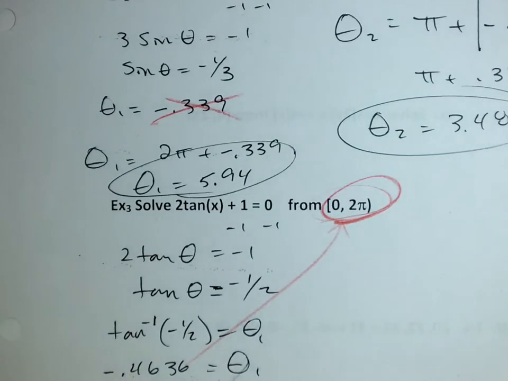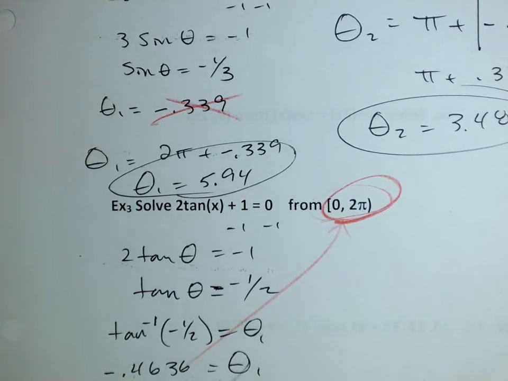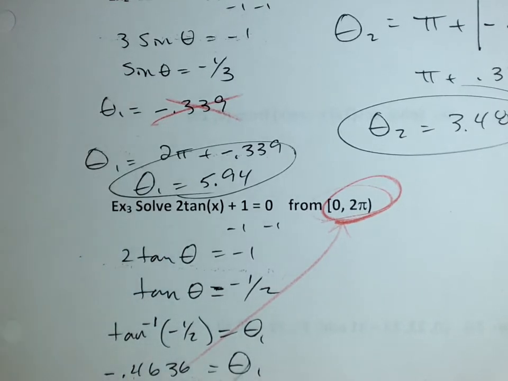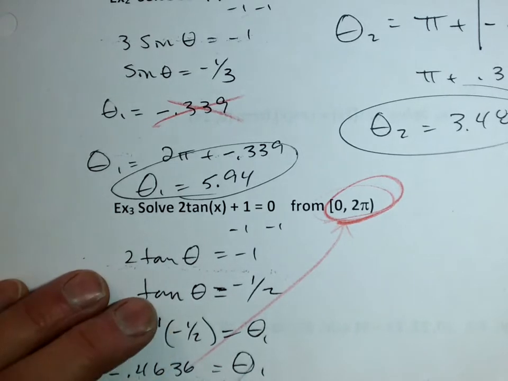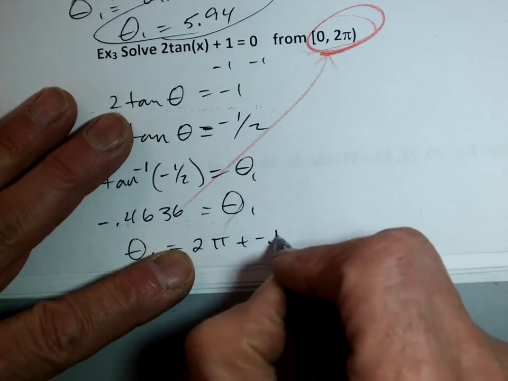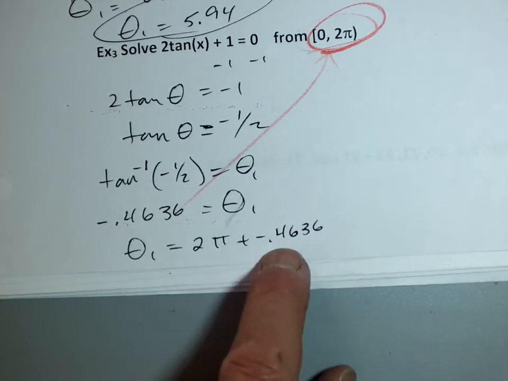So theta 1 is really equal to, is it 2 pi or pi? No, I got it wrong. It's 2 pi. 2 pi plus my negative 0.4636. Oops, clear, hold on.